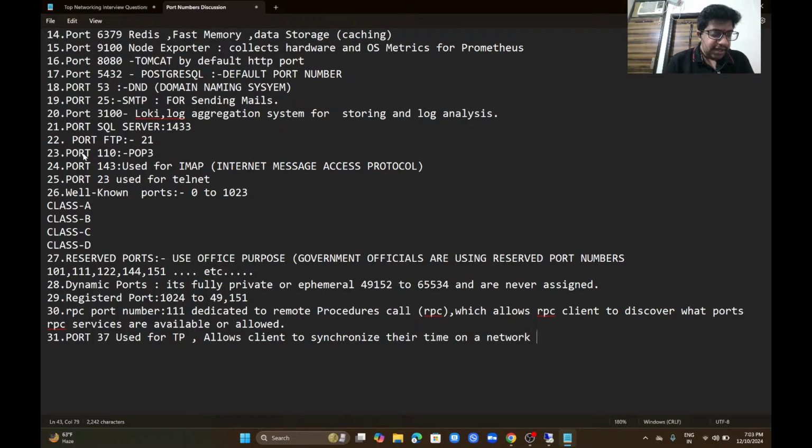That is NTP, over port 123. NTP, Network Time Protocol. Okay, these are the main port numbers we are using in real-time scenarios.